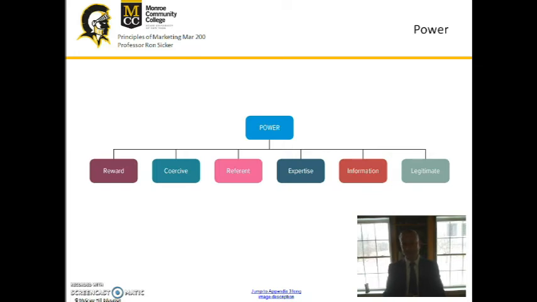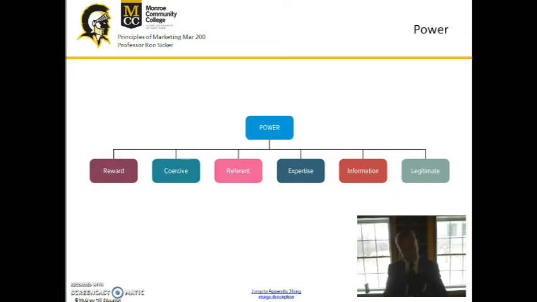For instance, a distributor might have coercive power over a retail chain by refusing to do business with that retail chain. Referent power is power that you hold over somebody because somebody likes you and they want to do business with you, or they want to follow whatever direction you give.